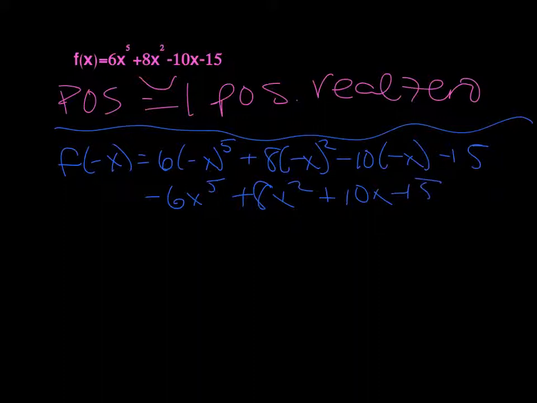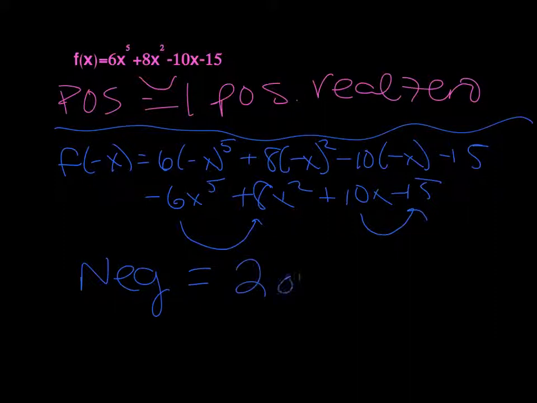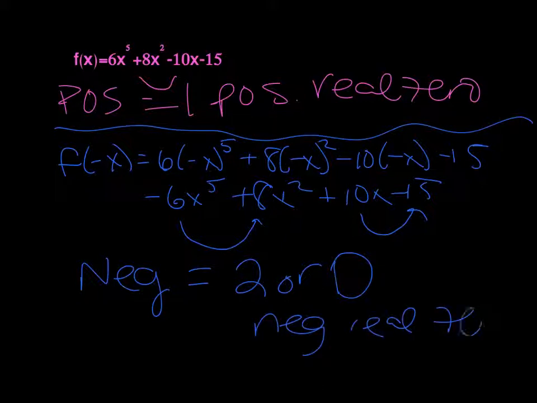And if I look at sign changes, I went from negative to positive, and then from 10x to 15, that is another sign change. So my possible number of negative zeros, there's 2 sign changes or, oops, sorry, or 0, not 1. Negative real zeros.